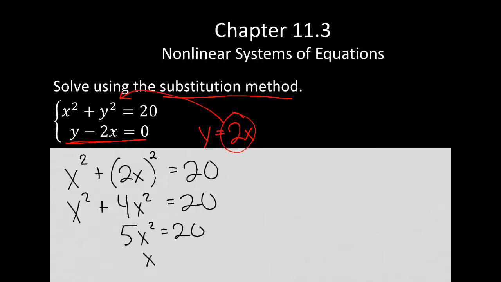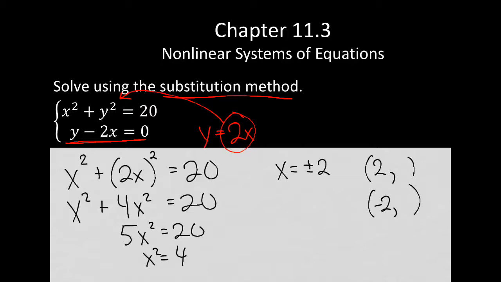Divide both sides by 5. x squared equals 4. And this is where I hope I don't lose you, but now I have to take the square root of both sides, and let's not forget that the square root of 4 is both plus and minus 2. So already I know that my solutions are going to be x equals 2 and y equals something, and x equals negative 2 and y equals something. So those are my solutions.